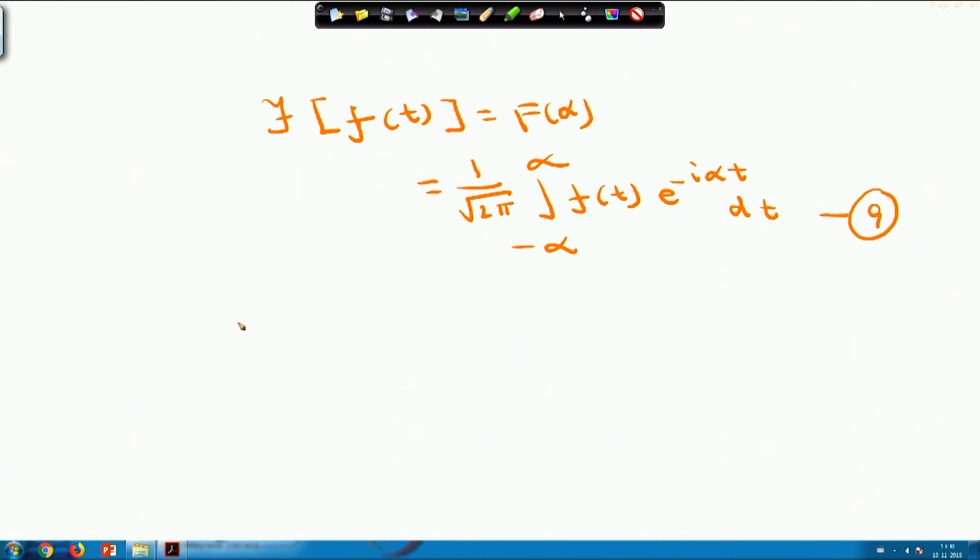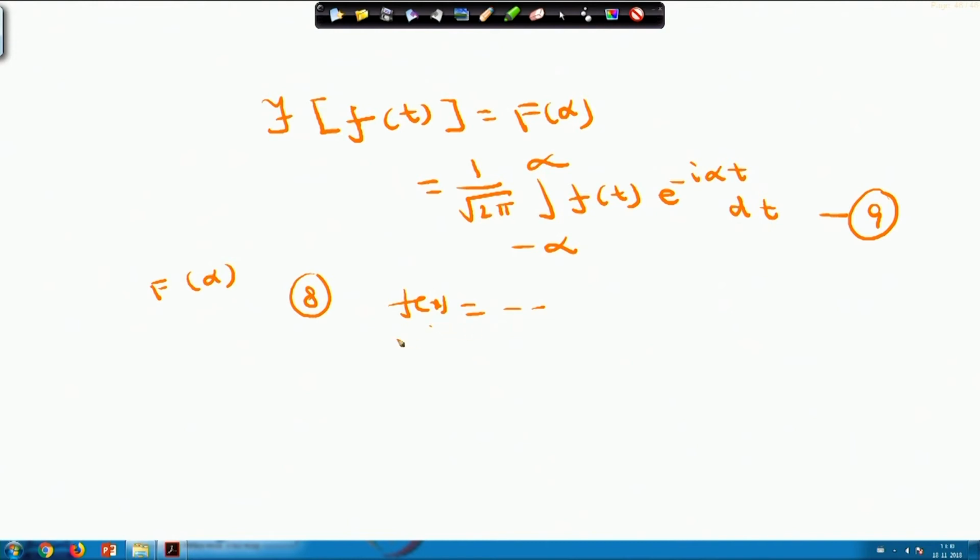If capital F(alpha) exists, then in equation 8, where we have defined f(x) equals the integral, this is known as the inverse Fourier transform of F(alpha). From 8, if I know F(alpha), I can tell the value of f(x).